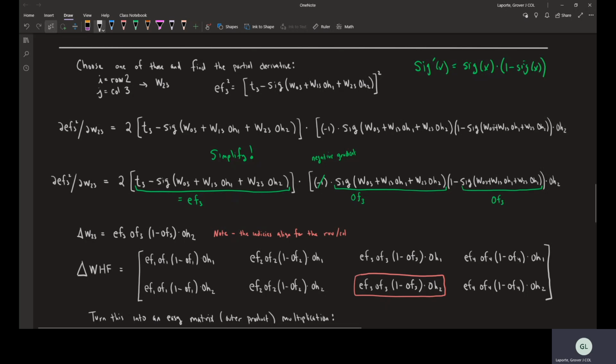So now we got to take the derivative of the inside. And so the derivative of the inside now is just, where is there a W23? Well, there's only one on that term right there, so you're just left with an OH2. All right.